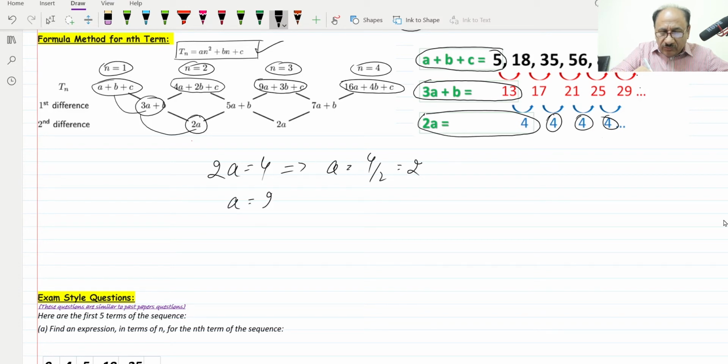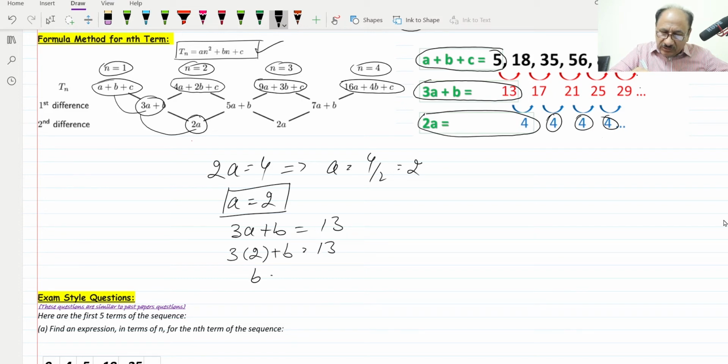So the value of a is 2. This is one thing which we found. Now we write 3a plus b is equal to 13. With a equal to 2, we write 6 plus b is equal to 13, so b is equal to 13 minus 6, which is 7. So b is equal to 7. This is the second thing which we found.